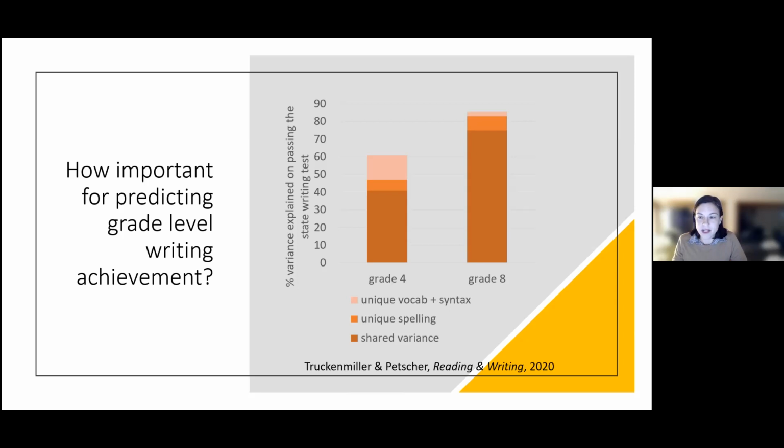So our reading comprehension predicting to writing abilities shares a ton of variance with spelling, vocab, and syntax. And its unique amount is about the same unique amount as vocab and syntax. So that suggests to me it's pretty important to think about.